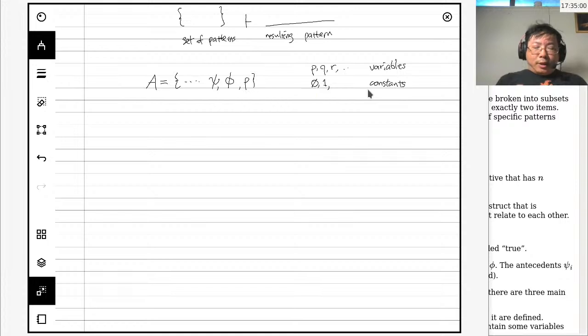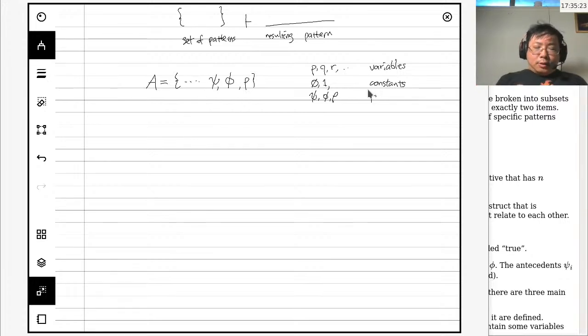So now we have the Greek symbols. So we have psi, we have phi, and then we also have rho. So these have also special meanings, or there's a special term to refer to these. And instead of using the technical term people use in propositional logic, I'm going to give you a term that actually best describes these things.